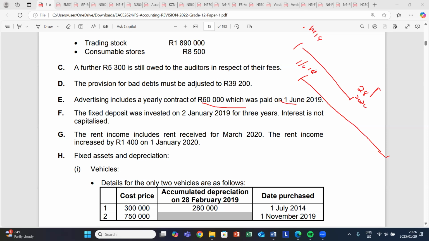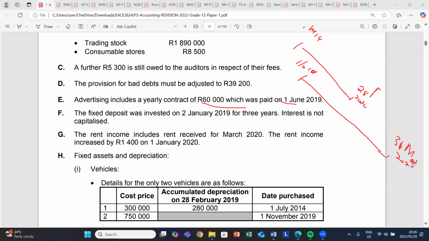Counting on your fingers: June, July, August, September, October, November, December, January, February, March, April, May. Therefore, the financial year of advertising will end on the last day of May 2020.